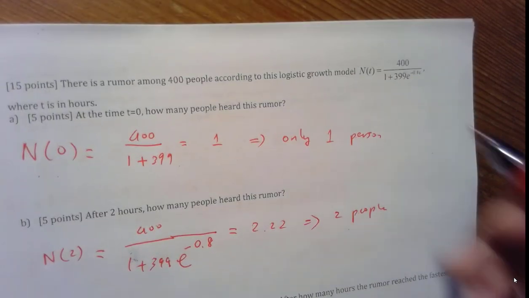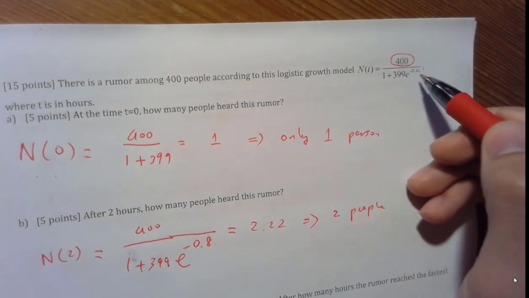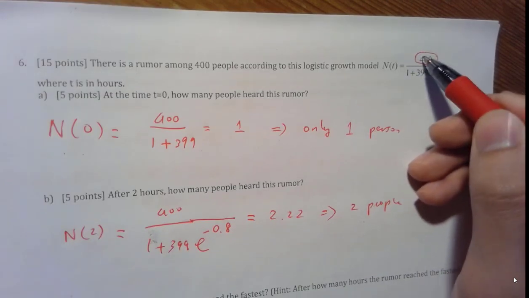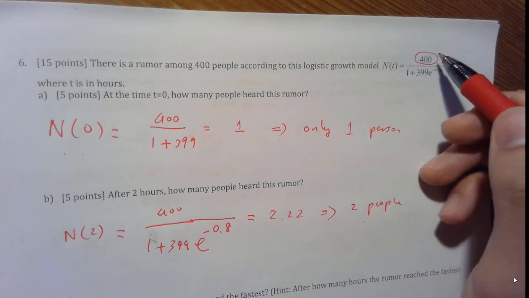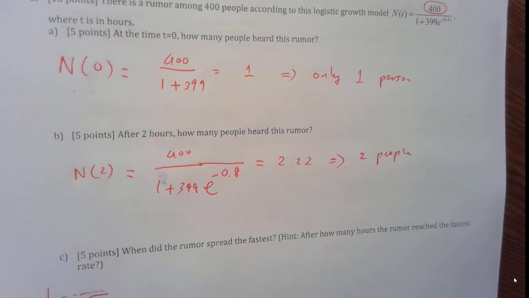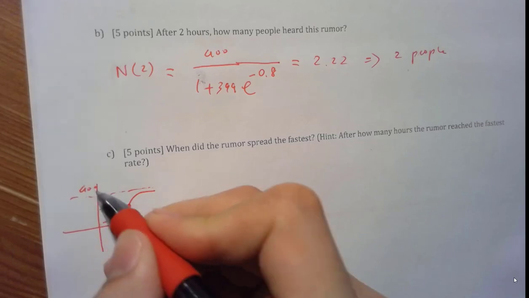According to the formula, this is according to the logistic curve, the top number here, the numerator, is the maximum number of the function, or in this case, the maximum number of people that will receive the rumor, and 400 is right here.